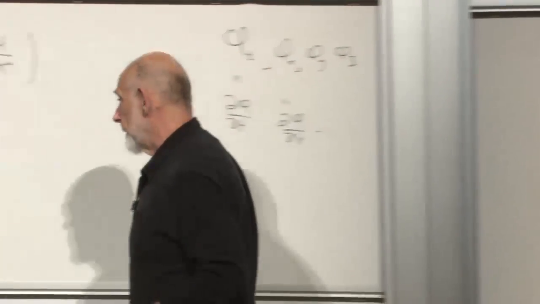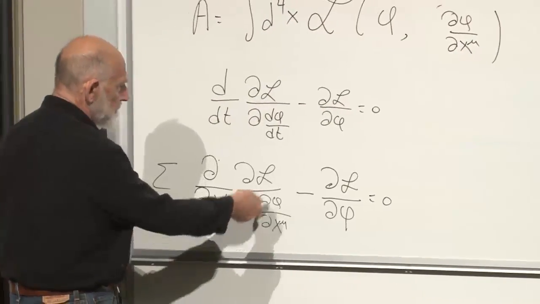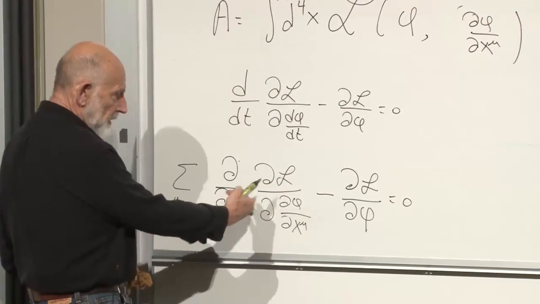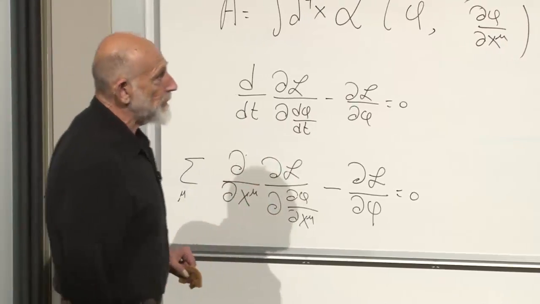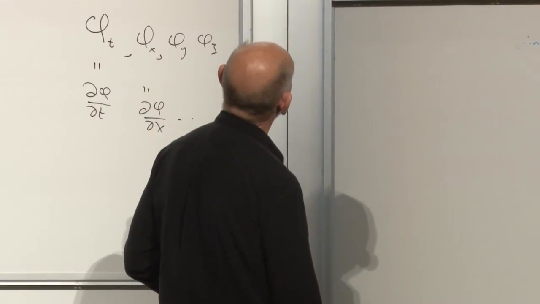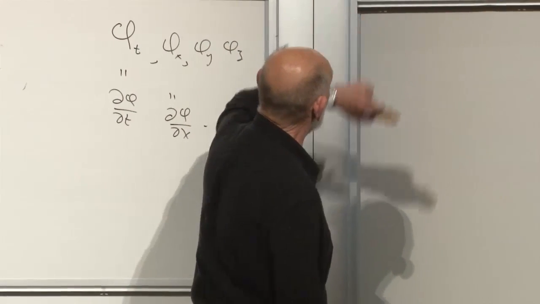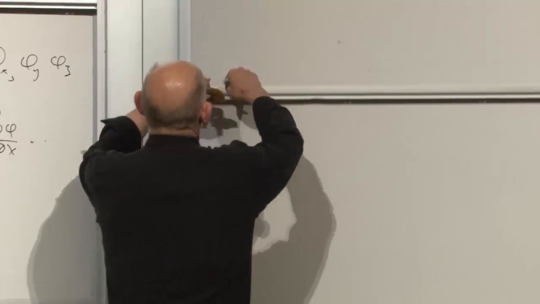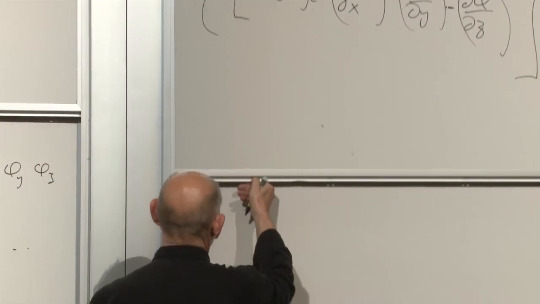All right, first step. Calculate the derivative of the Lagrangian with respect to, let's start with the time component here. Let's start with the time derivative. Partial of L with respect to phi dot. What is that? Can you read it? It's just phi dot, right? Derivative of this Lagrangian with respect to phi dot is just phi dot.